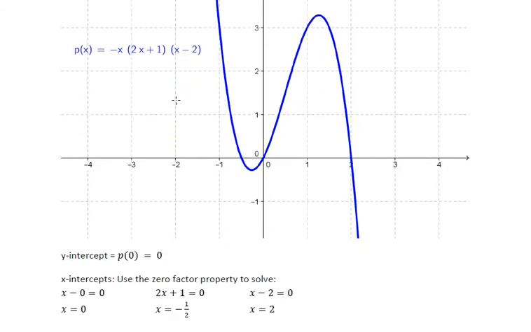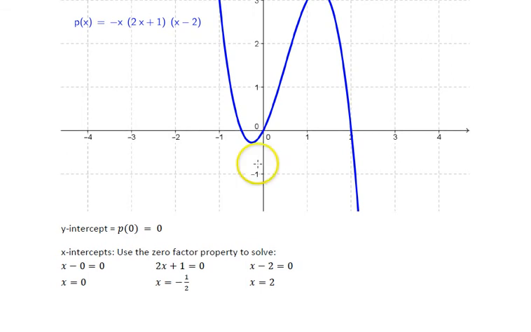The y-intercept for this example is p evaluated at 0. If you substitute 0 for x, you get 0. And we see that it does cross the y-axis at 0. The x-intercepts use the zero factor property to solve.